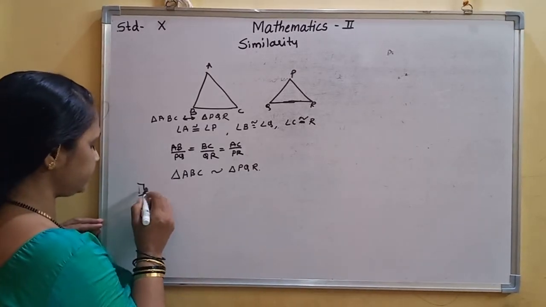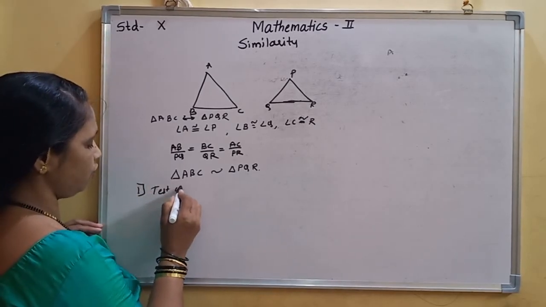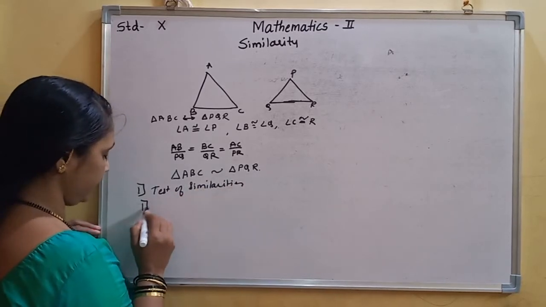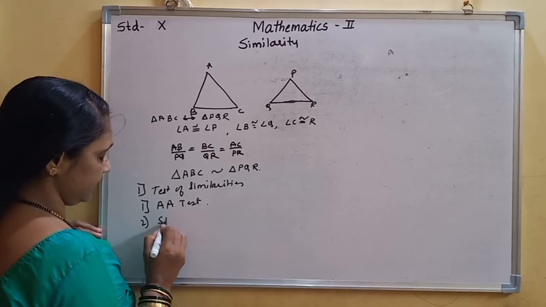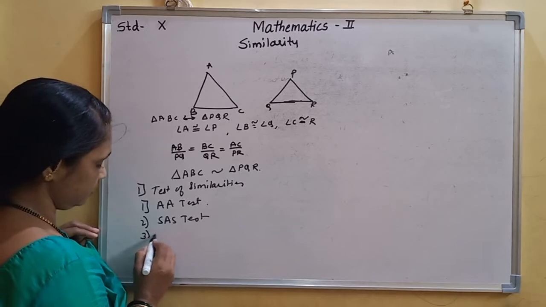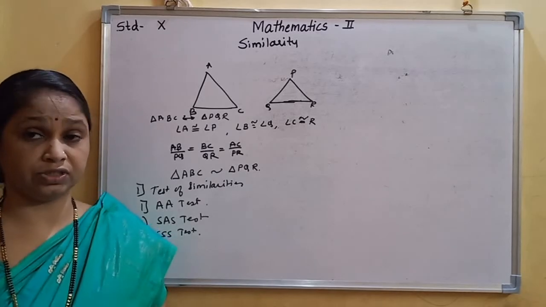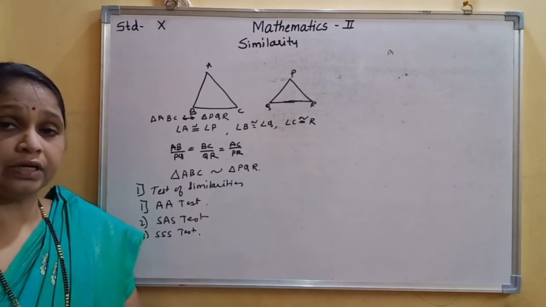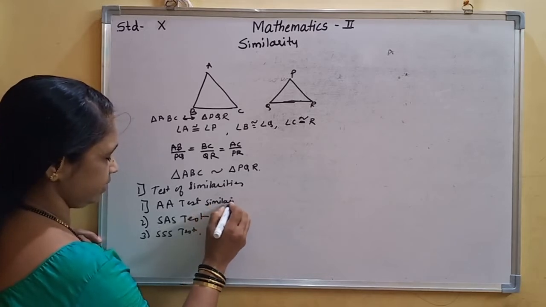The tests of similarity are: one, AA test of similarity; second, SAS test of similarity; and third, SSS test of similarity. You have studied these tests in earlier standards also. You can write here: test of similarity.